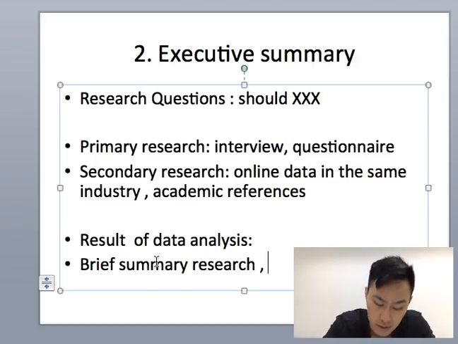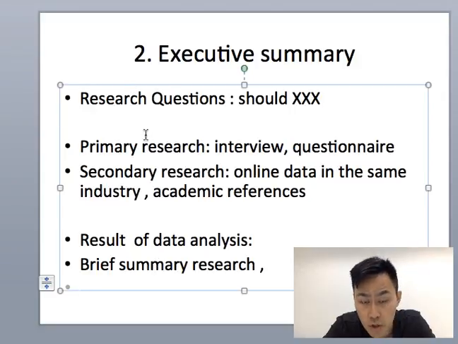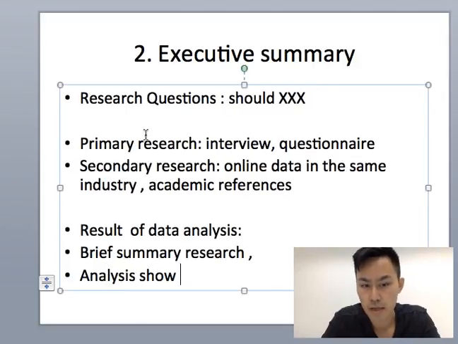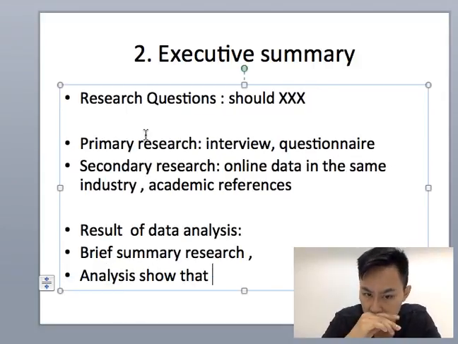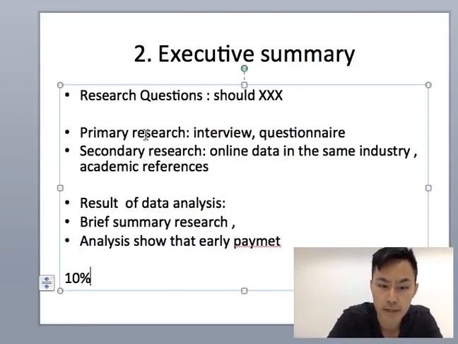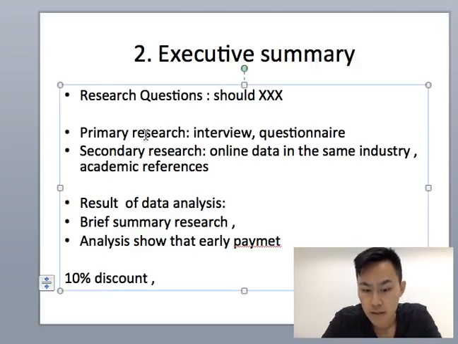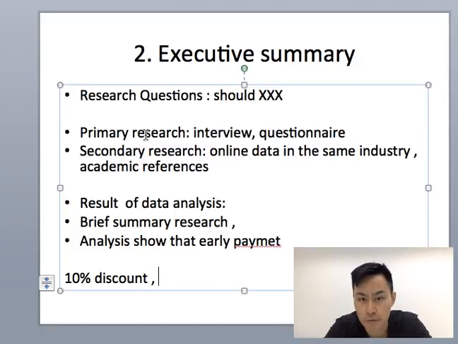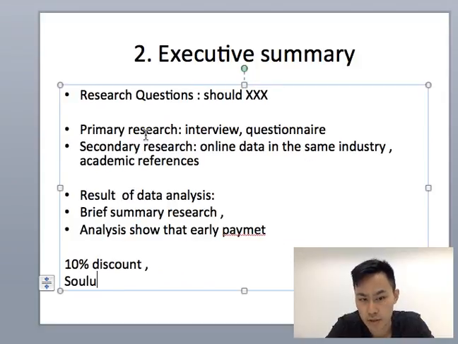So for example, let's say the topic we chose is the working capital. For example, the analysis shows that the customers are willing to pay earlier. The analysis shows that with early payment, if you're offering maybe a 10% discount, customers are willing to pay early. So this is a short summary of your IA, and you need to keep mentioning that the solution will work.